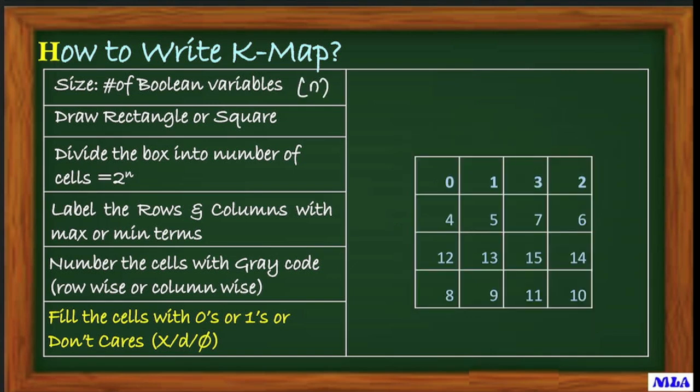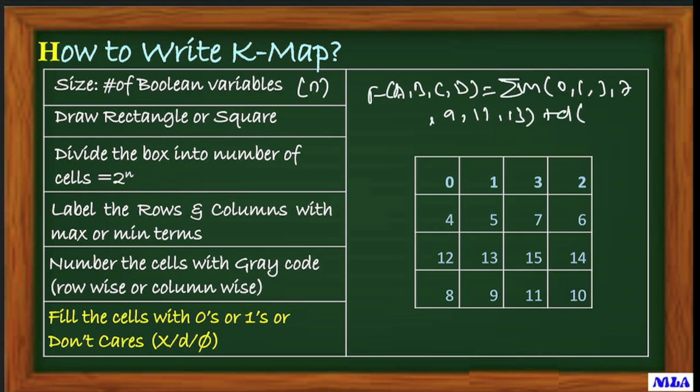Now let me consider one more example with 4 variables. F of A, B, C, D equal to 0, 1, 3, 7, 9, 11, 13, with the don't cares 12, 14. Now, let me identify the cells corresponding to the min terms.